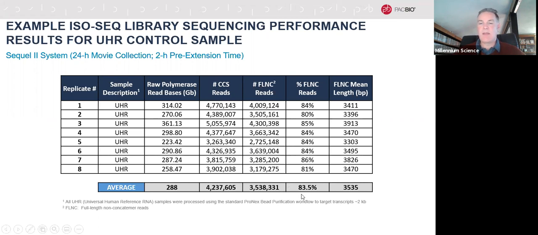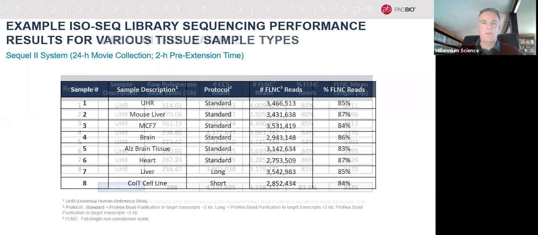So you're talking about 80 to 85% of those reads passing filter, and the length of those reads being around about 3.5 kb. So that's from a set of, if you like, a synthetic human RNA sample.